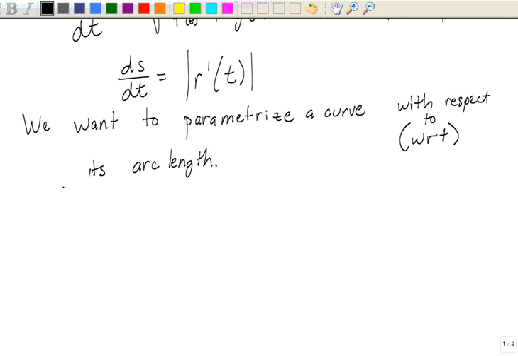This is because the arc length comes from the shape of the curve.